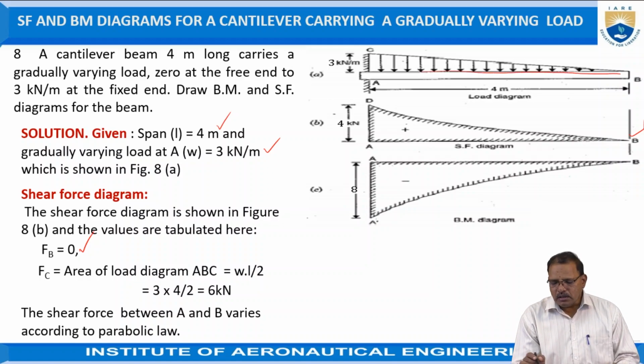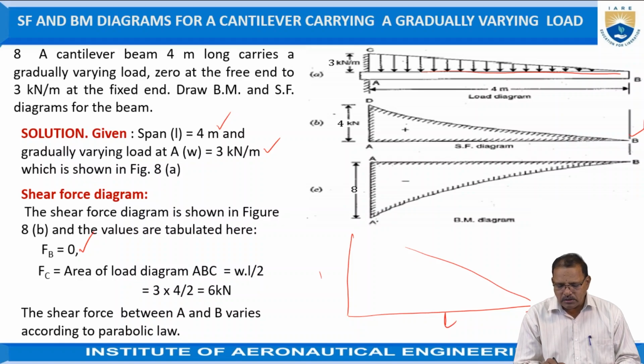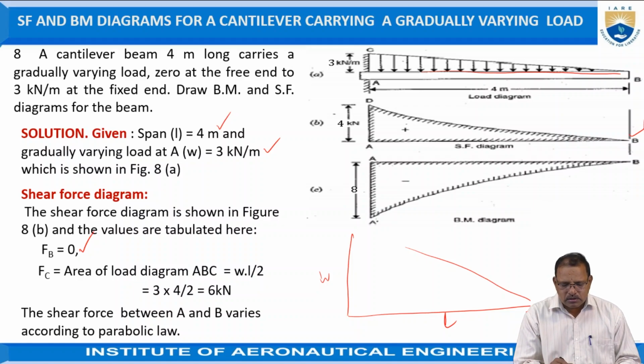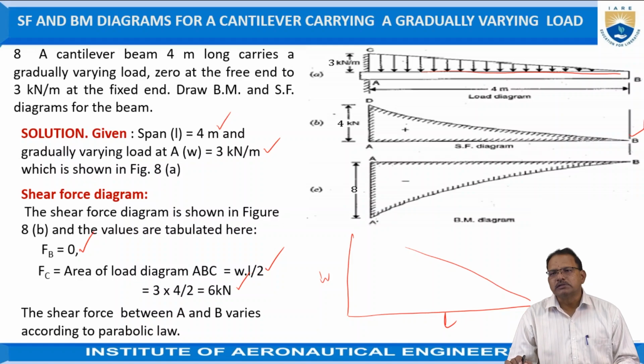Here it is a triangle, where the load is 0 at one end and W at the other over length L. The area under this curve is the area of the triangle, half into base into height, which is also equal to W into L by 2. From this relationship we get 6 kilonewtons.